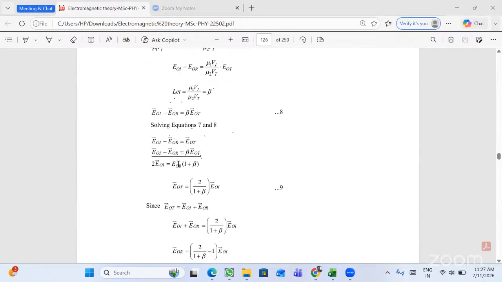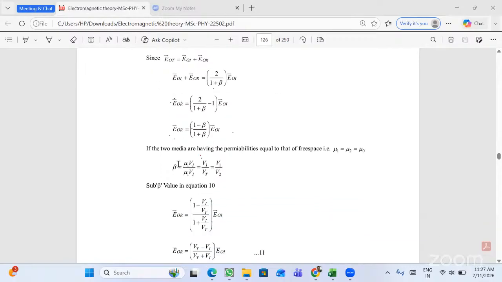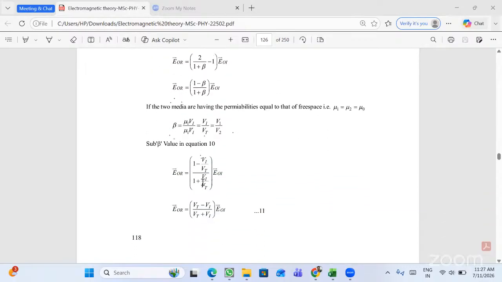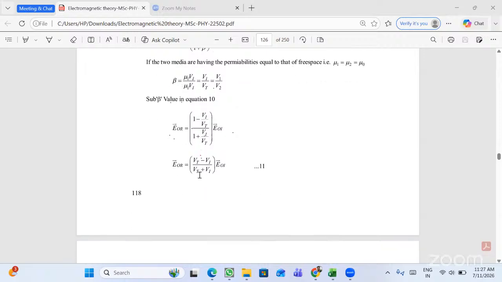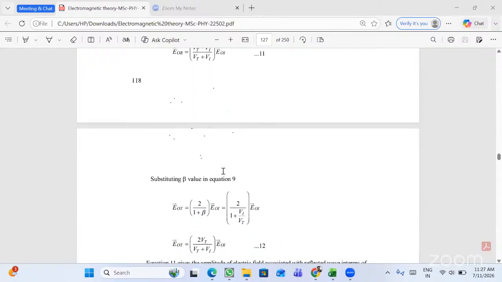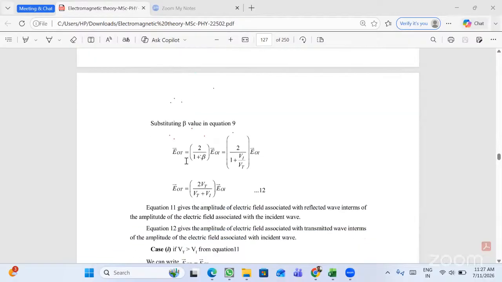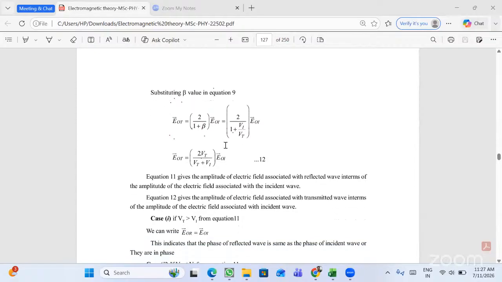If you solve this, we are going to get this equation, that is E naught R is equal to this value into E naught I. That is nothing but (Vt minus Vi) by (Vt plus Vi) into E naught I. If you want to write this in terms of the transmitted wave, E naught T should be equal to this value. All the mathematical part I'm not explaining, go through those. So this is what we have.